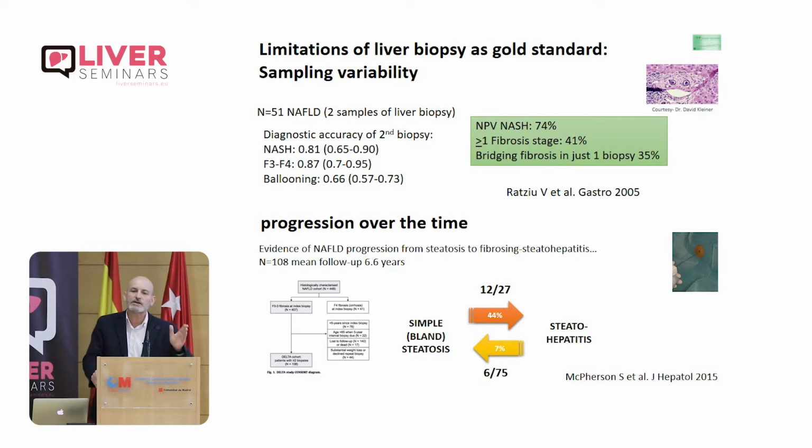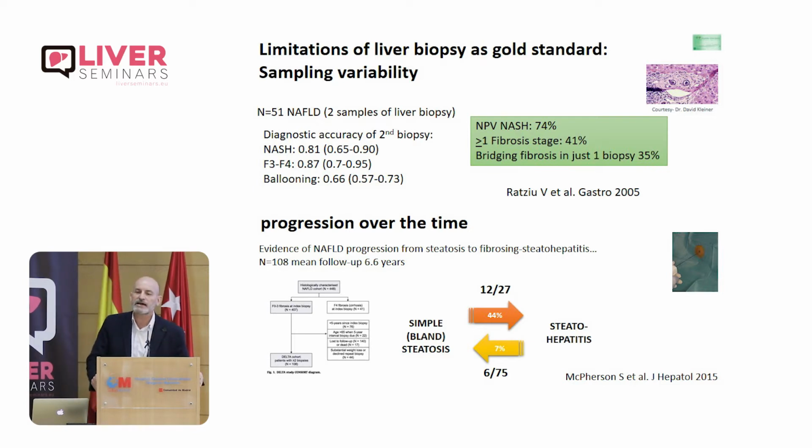They analyzed liver biopsies in 108 patients, 6.6 years apart, the first and the second liver biopsy, and they demonstrated that 44% of patients diagnosed with simple steatosis, bland steatosis, in the first liver biopsy progressed to steatohepatitis 6.6 years later, and just 7% regressed from steatohepatitis to steatosis.